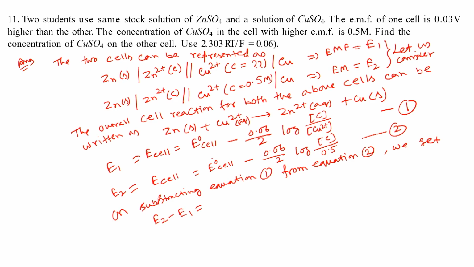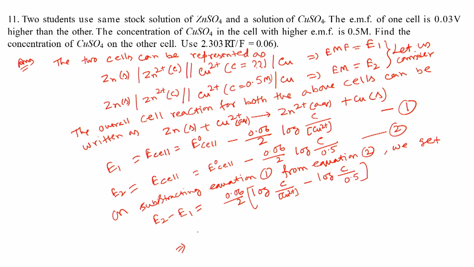E naught cell will get cancelled. So we get 0.06 by 2 times log of C by concentration of Cu2+ minus log of C by 0.5.